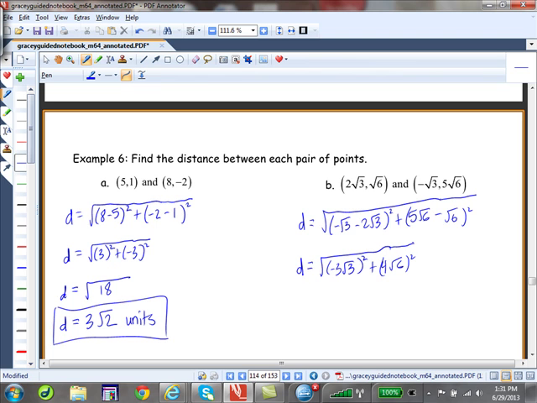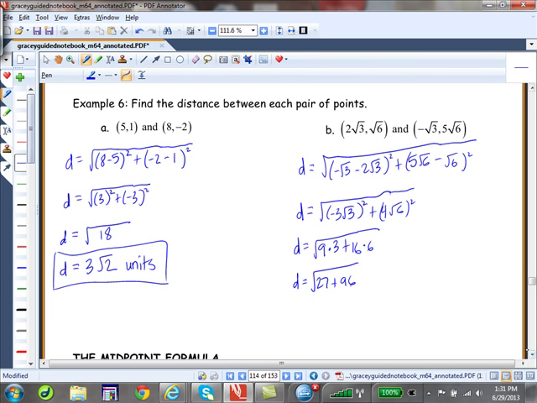So d will be, so remember, negative 3 times negative 3 is 9. Root 3 times root 3 is 3. 4 times 4 is 16. Root 6 times root 6 is 6. So this distance will be root 27 plus, that gives us, I believe, 96.